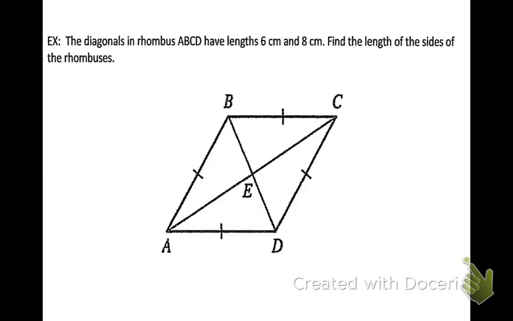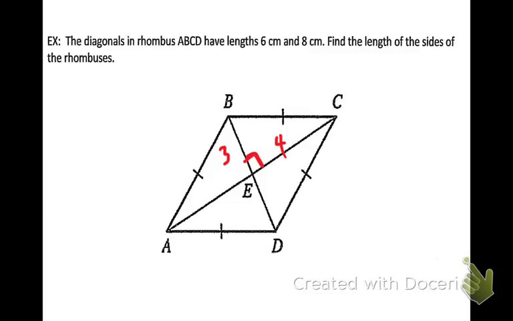We know the diagonals are perpendicular in a rhombus, and the diagonals bisect each other. So the legs of the right triangle would be 3 and 4, right?